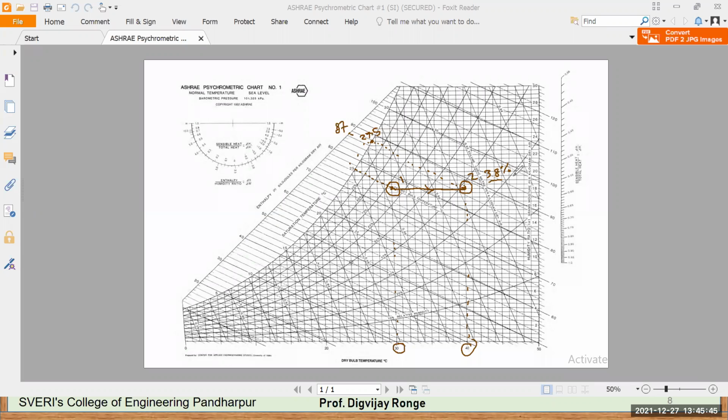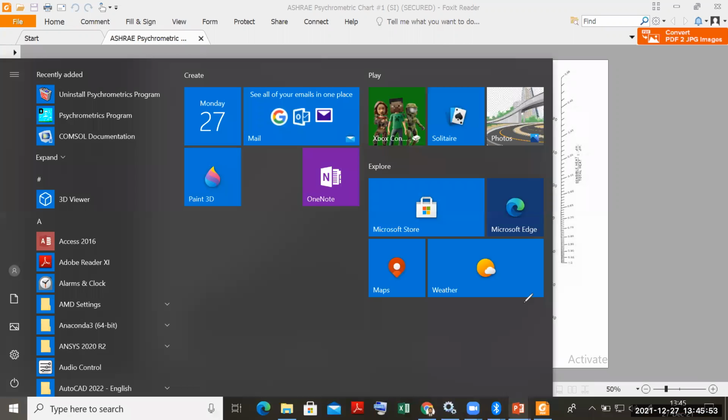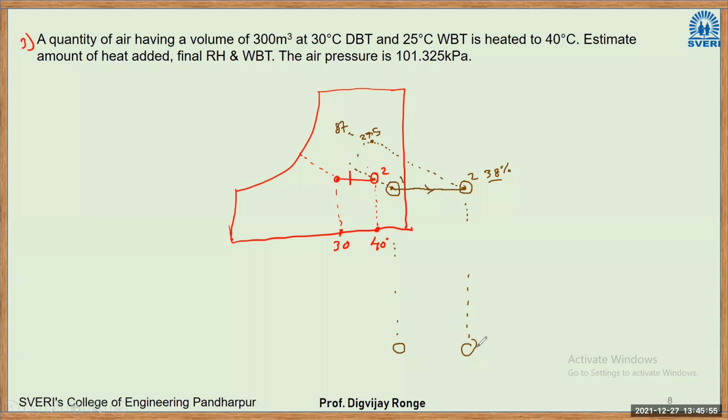Now let us go back and calculate the heat transfer. I will first erase this data, then we can write down the other things.